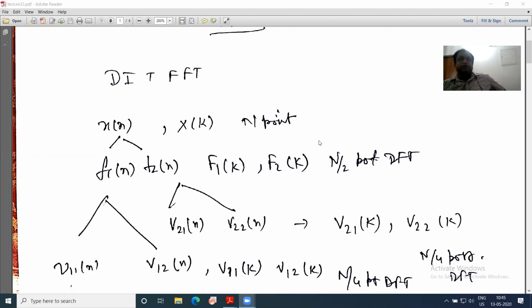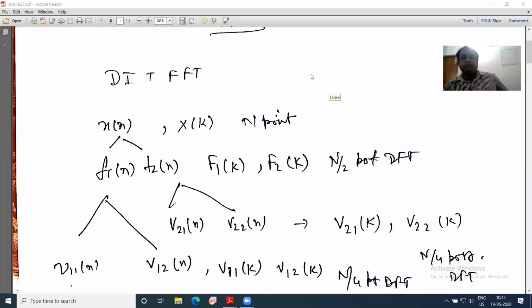If I have an 8-point DFT, then I will not compute the DFT until we come to 2-point DFT. Until we come to 2-point DFT, we don't compute.